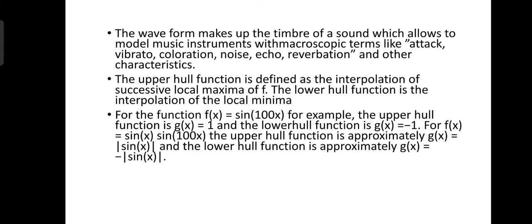For the function f of x equal to sine of 100x, for example, the upper hull function is g of x equals 1 and the lower hull function is g of x equals minus 1. For f of x equal to sine x times sine of 100x, the upper hull function is approximately g of x equal to mod of sine x and the lower hull function is approximately g of x equal to minus mod of sine x.